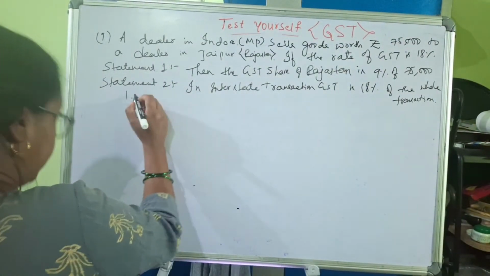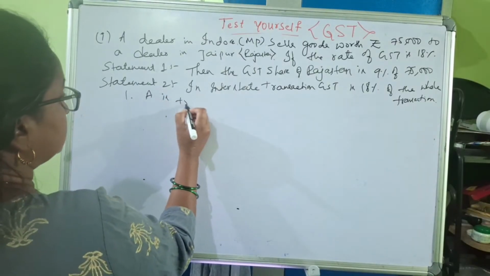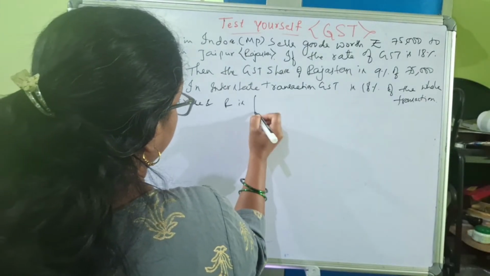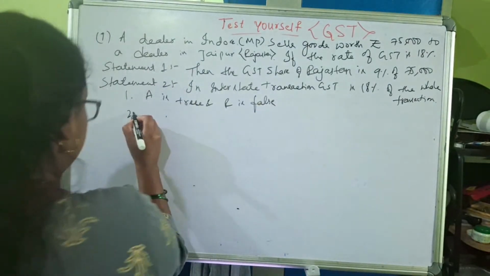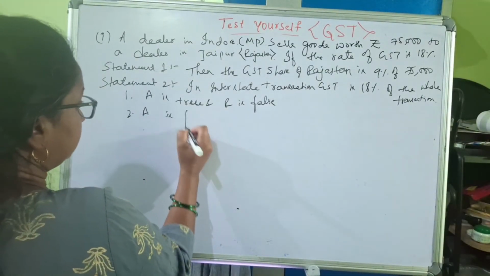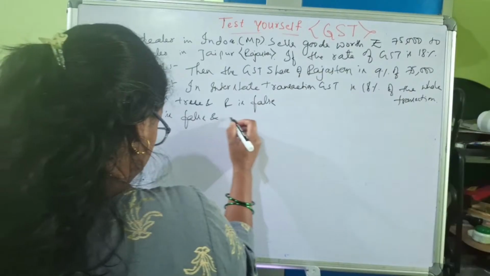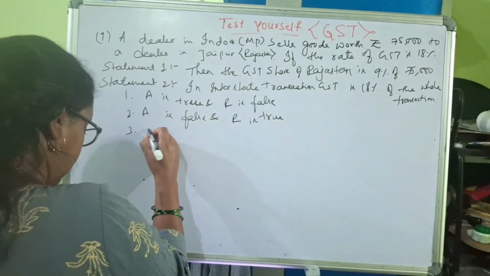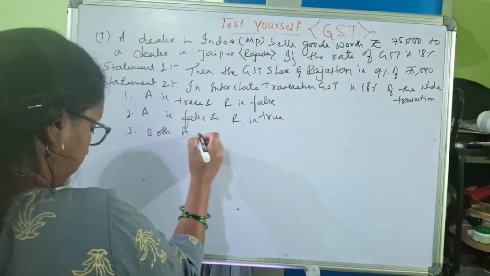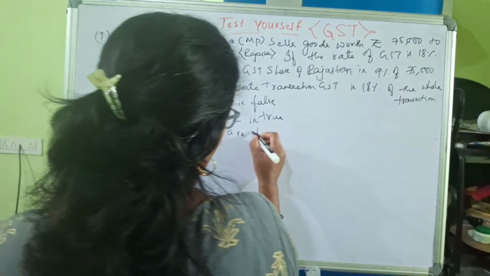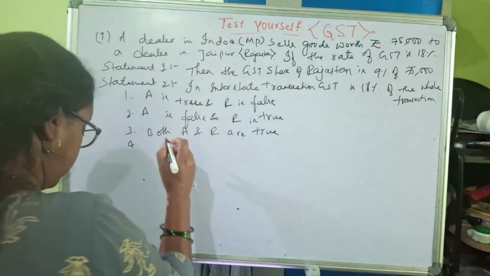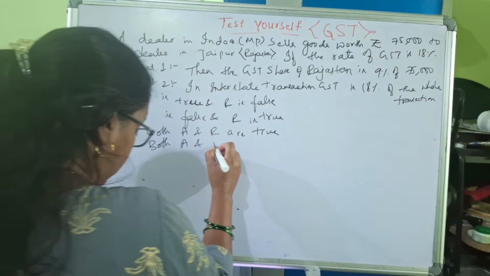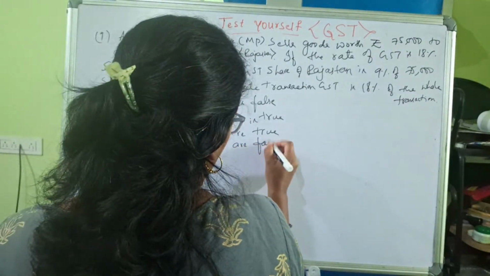The first option is A is true and R is false. Second option is A is false and R is true. Third option is both A and R are true. Fourth, both A and R are false.